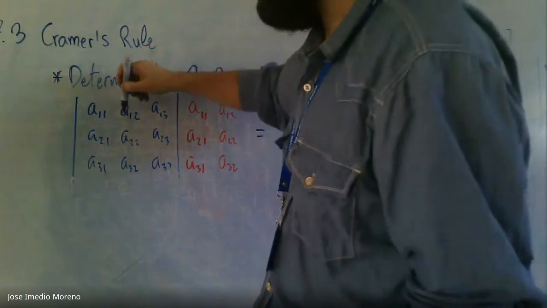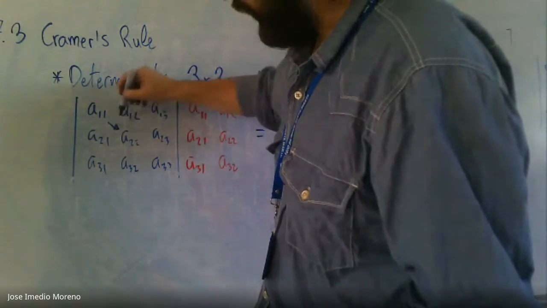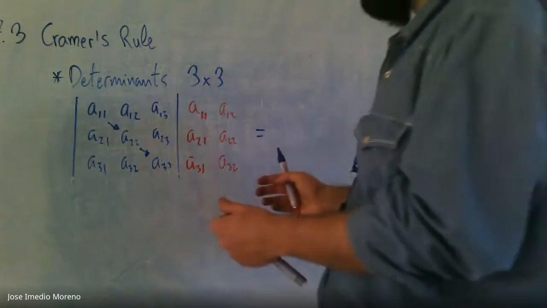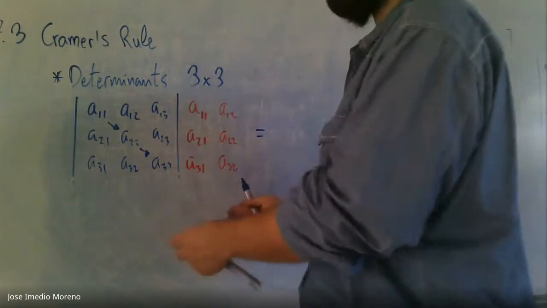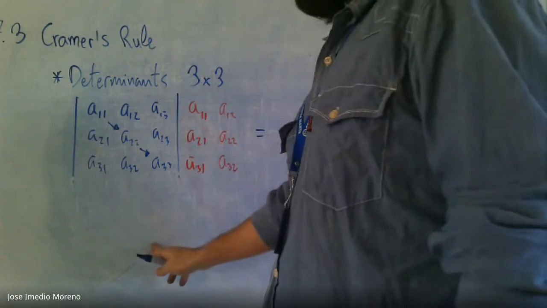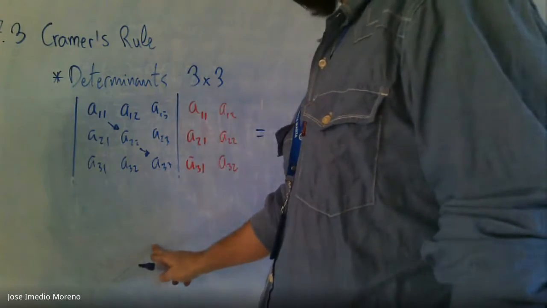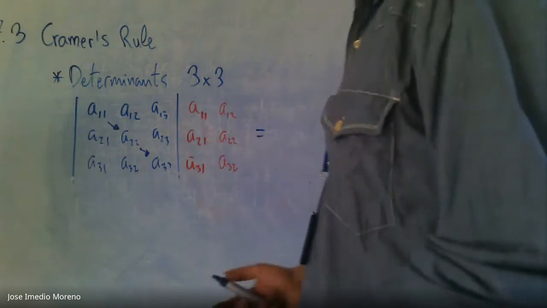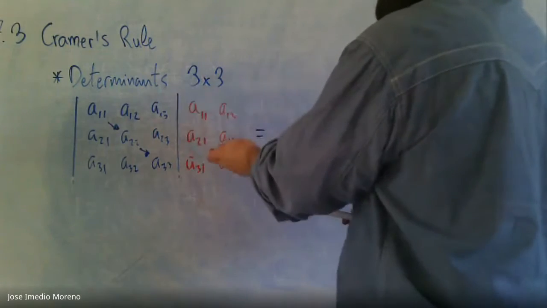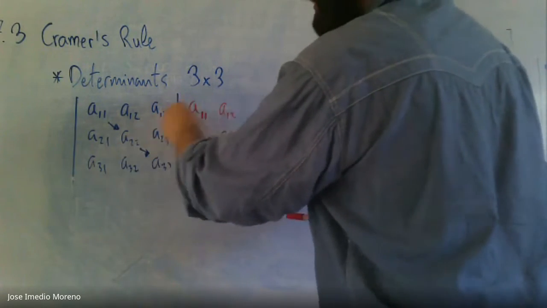Once I copy this, the determinant 3 by 3 is computed by multiplying along the diagonals. In 2 by 2 determinants, we computed the product of the main diagonal and then subtracted the value of the secondary diagonal. Here it's the same, but we have 3 main diagonals and 3 secondary diagonals.